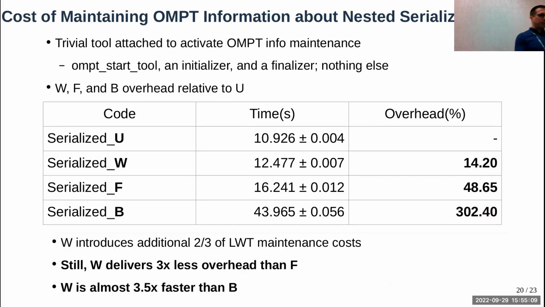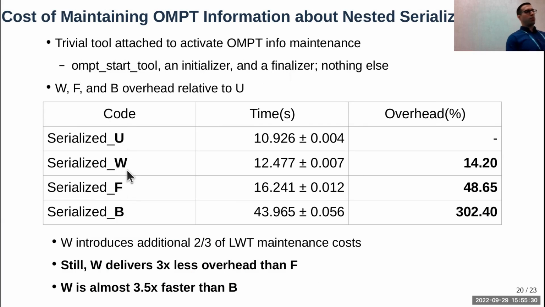The second experiment tries to see what's the cost of maintaining OMPT information for this kind of regions. Because of that, we attach a trivial tool to activate OMPT information maintenance. The tool is pretty trivial, only a start tool, initializer, and finalizer, nothing else.